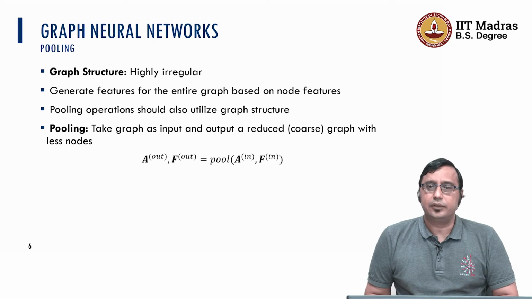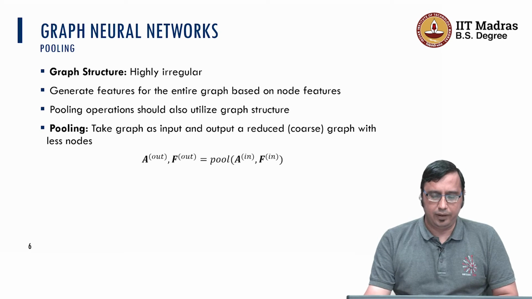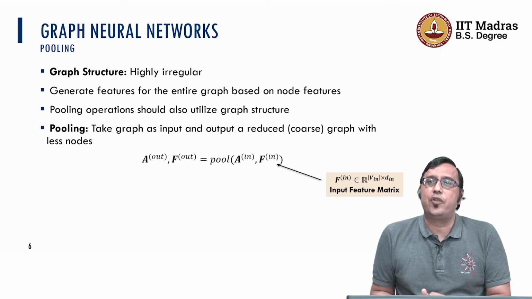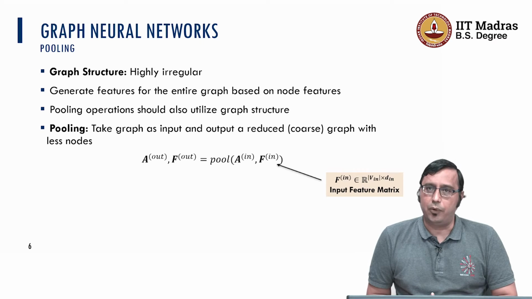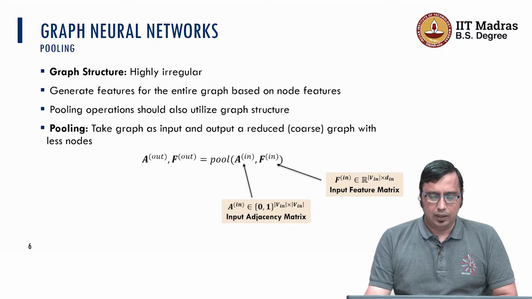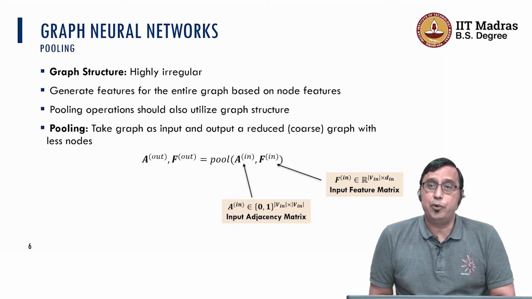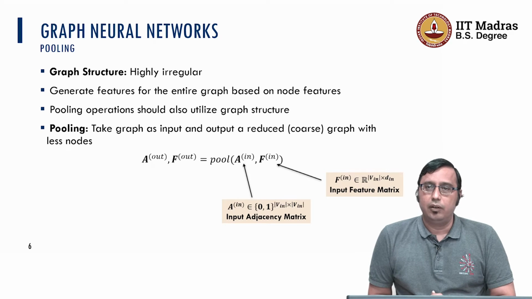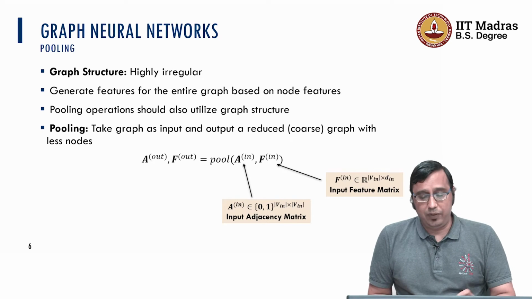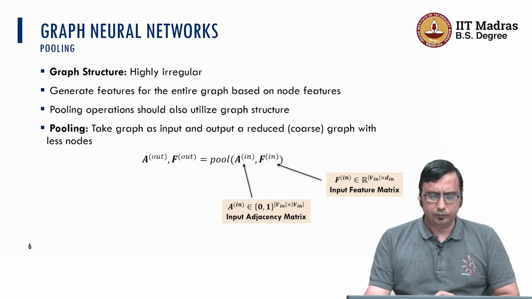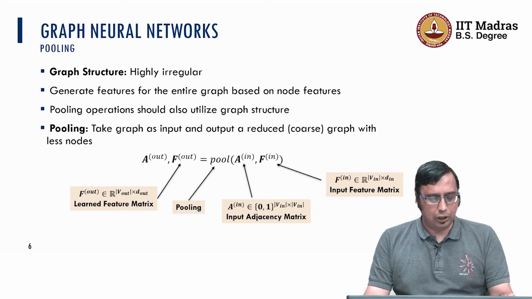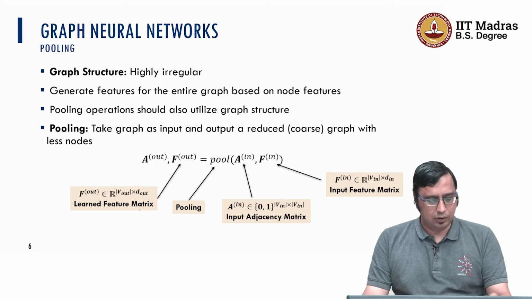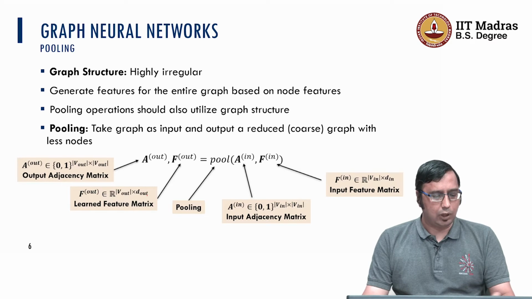Let's look at a pooling operation where F in is the input feature matrix which we have provided. Here we have an input adjacency matrix which we have provided, and we perform a pooling operation. Then we get the output features and the output adjacency matrix.